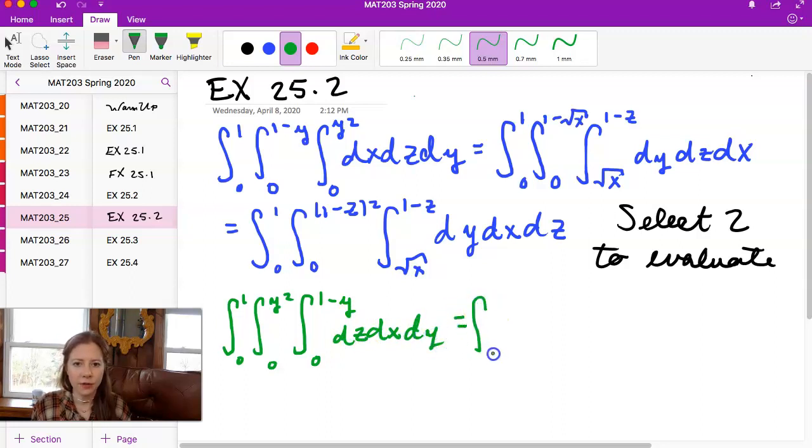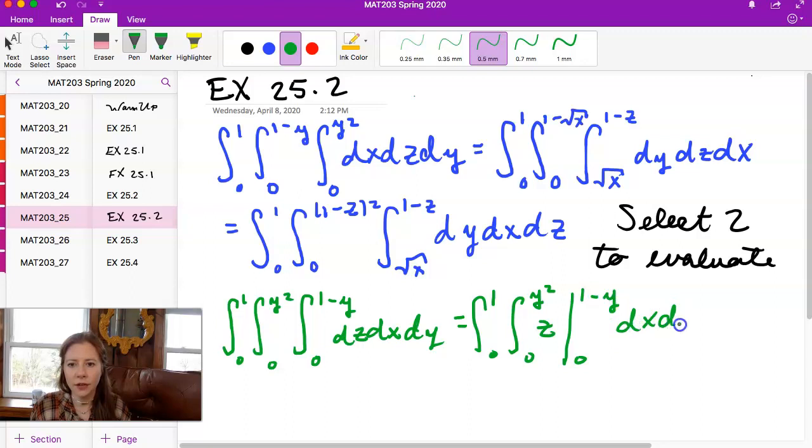So this is going to be the integral from 0 to 1, and from 0 to y squared. dz becomes z. We're going to evaluate that from 0 to 1 minus y. And dx dy is left over. And so that's going to be the outer integral still 0 to 1. And we have from 0 to y squared. And we need to plug in 1 minus y for z. And we have our dx dy.